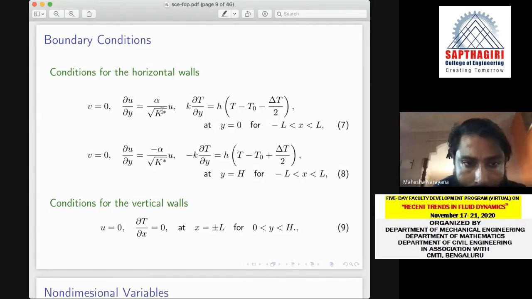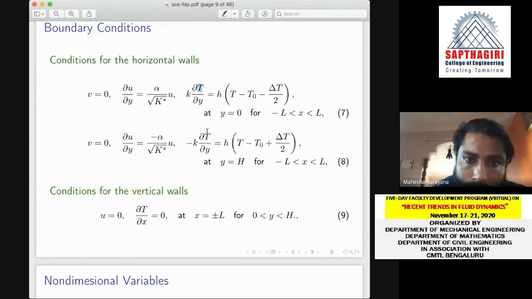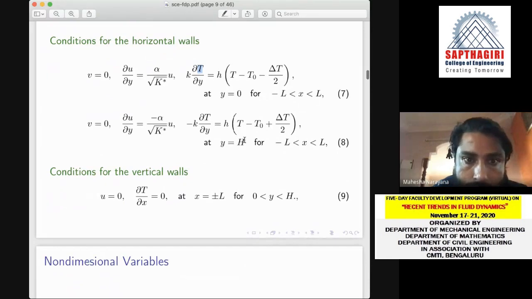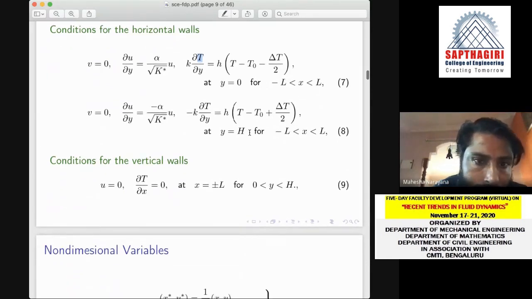For this particular application, both the velocity field and temperature field are governed by third kind boundary conditions at the horizontal boundaries. This makes the boundary eigenvalue problem a little bit complicated, and third kind boundary conditions can also pose some difficulty while getting the solution.